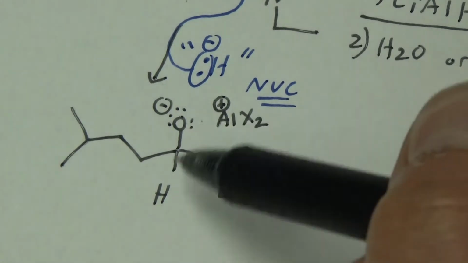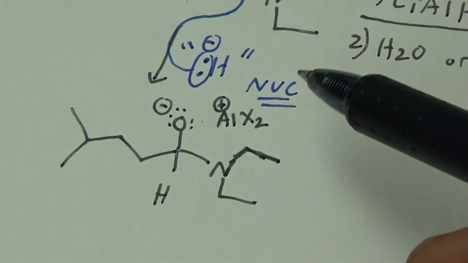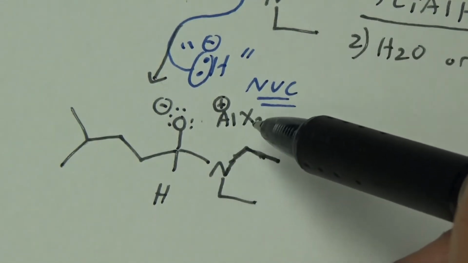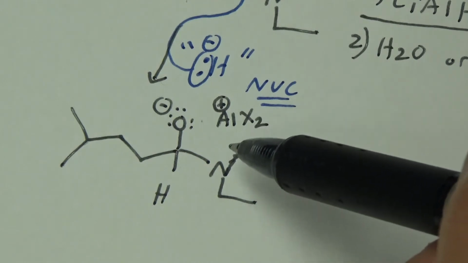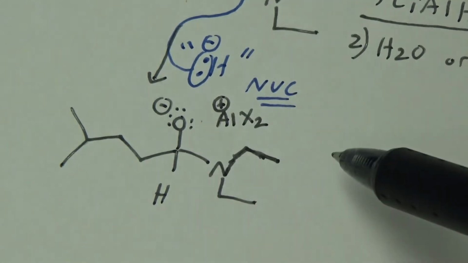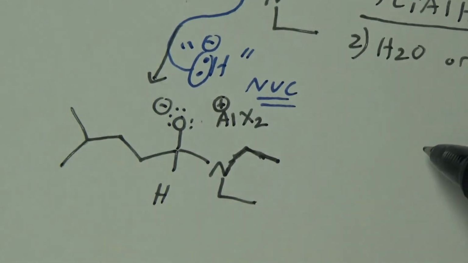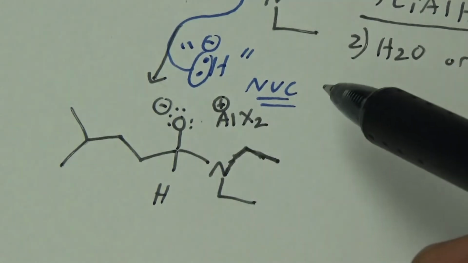Then the aldehyde gets reduced, and you get an alcohol. That was the whole thing about a double reduction of an ester. You go from an ester to an aldehyde to a primary alcohol. So you think the oxygen swings down and kicks off this thing.